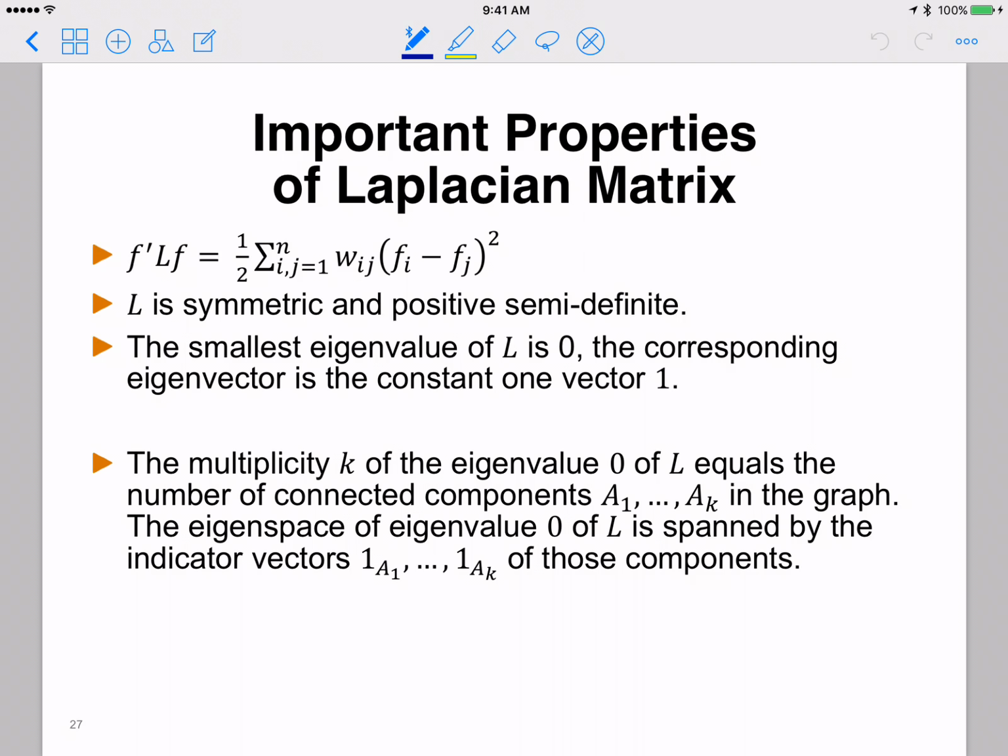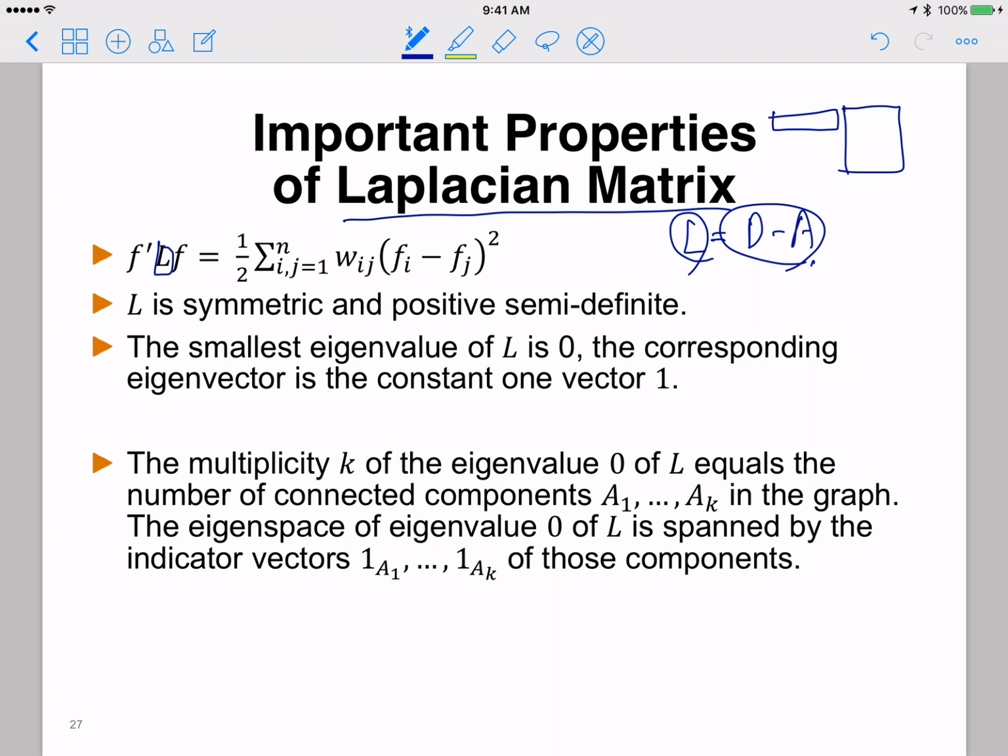Now we will learn about an important property of this Laplacian matrix, which is D minus A. Consider this matrix L and some vector F. You have 100 different nodes, so L will be 100 by 100, and F is also a 100-dimensional vector. Consider F transpose times L times F. First of all, what is the dimension of the result?